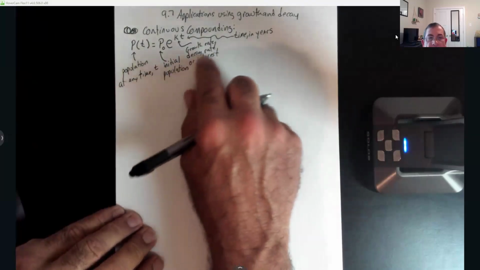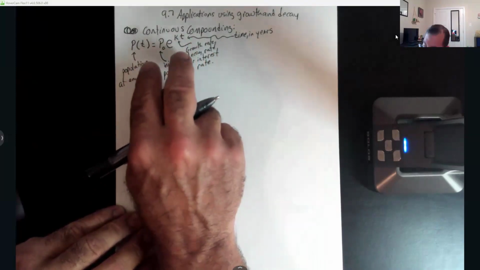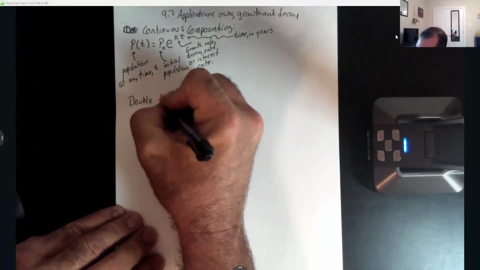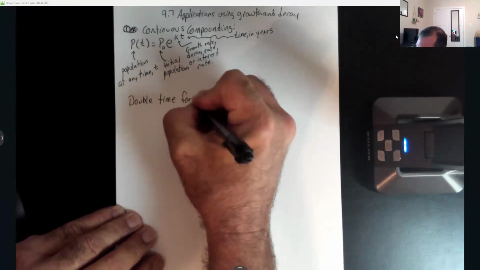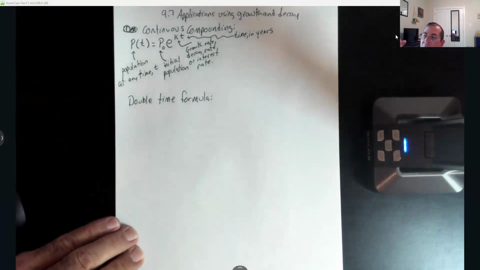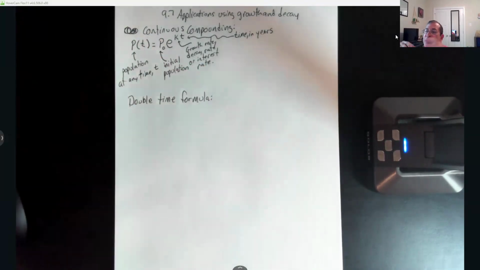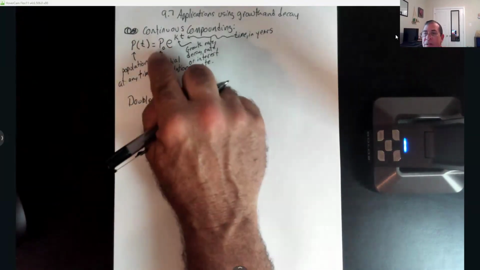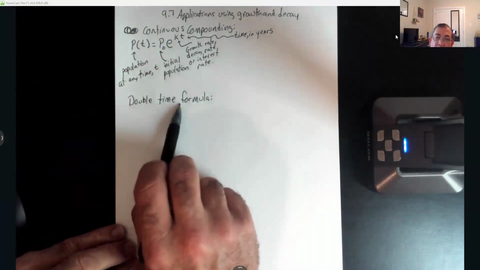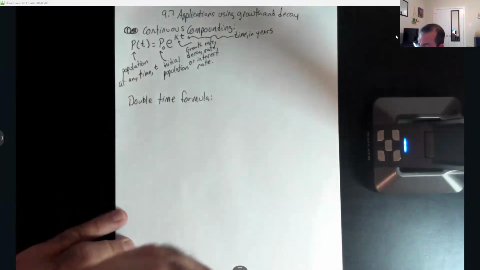Now, we're going to look at two other formulas based on this one. The first one is what we call our double time formula. Double time is when our initial balance doubles in size, or when our initial population doubles in size. So this double time formula will give us the amount of time that it takes for it to double.